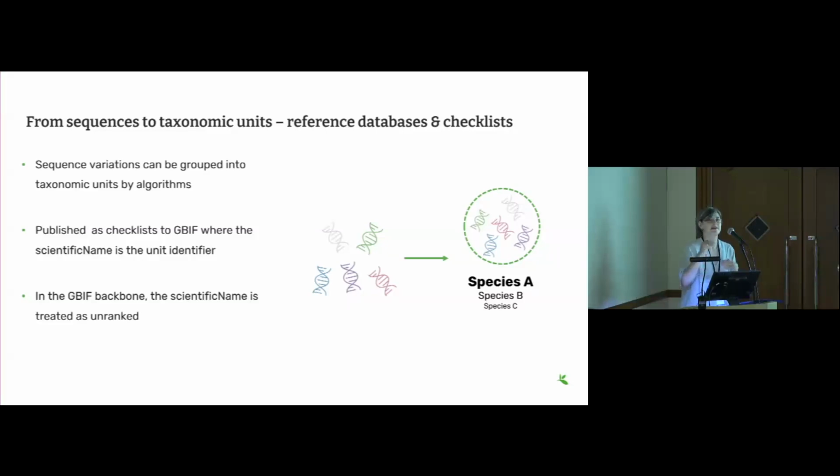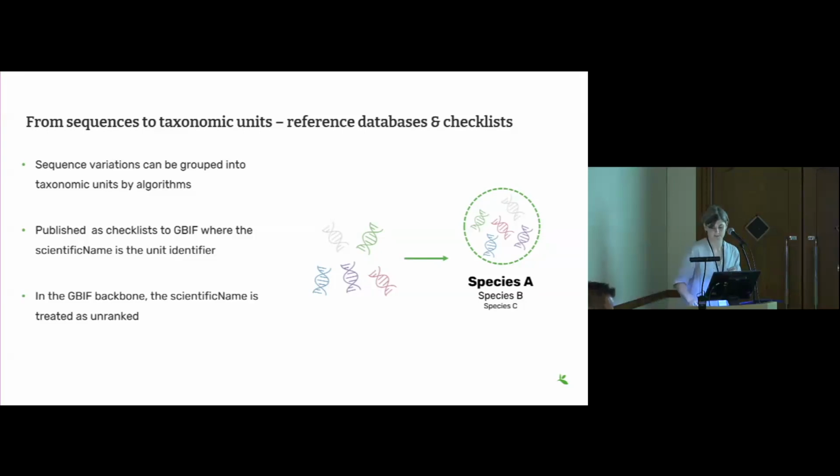But there's also a list of, this is species A, we believe this is species A because if you have 100 sequences, maybe 85 of them were reported to be the species, but you can also have some of those sequences reported to be under different names. So it's constantly changing.